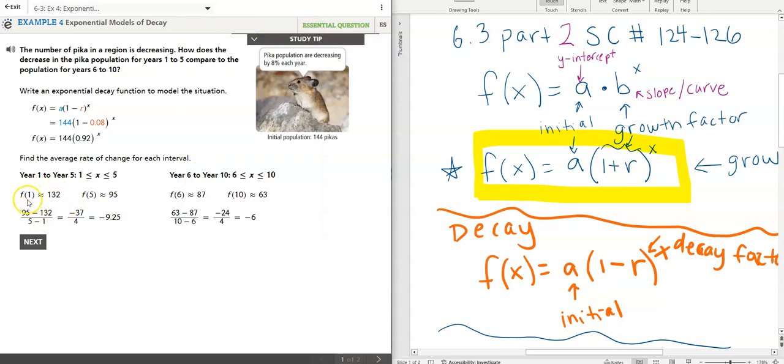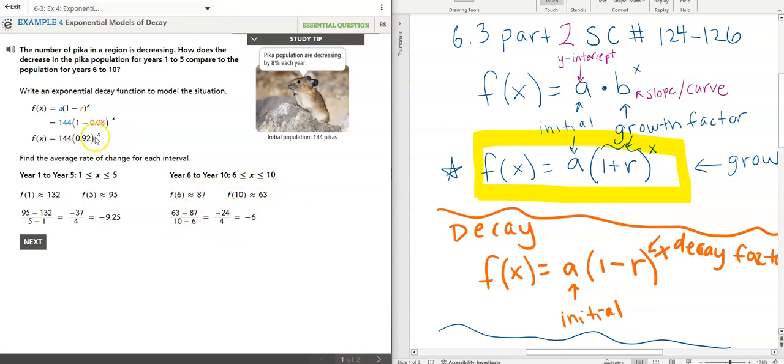Then they found the difference in population and the difference in years, and they found a rate. With a decrease of about 37 pika over 4 years, that makes this rate here. Now they did the same thing between 6 and 10.